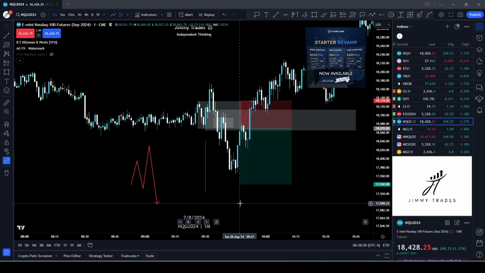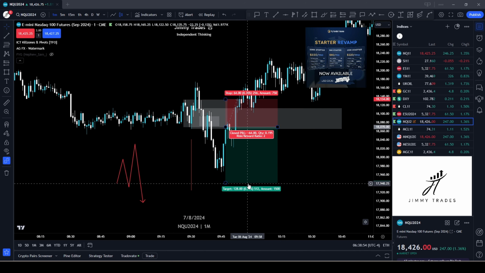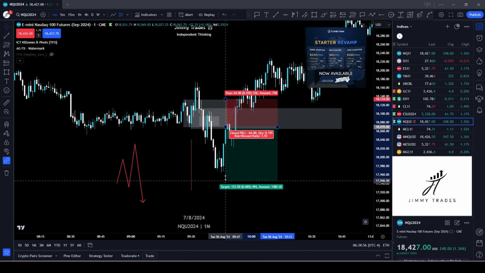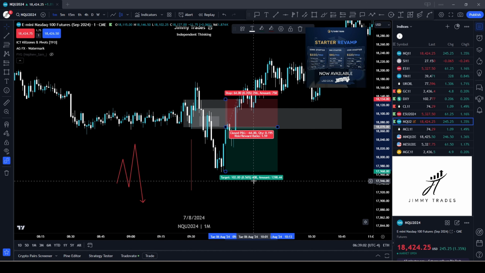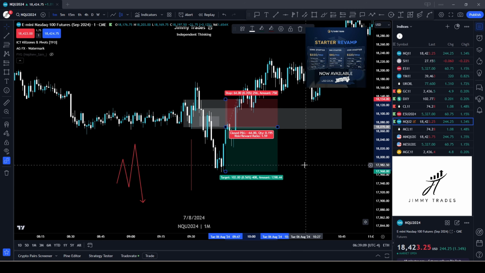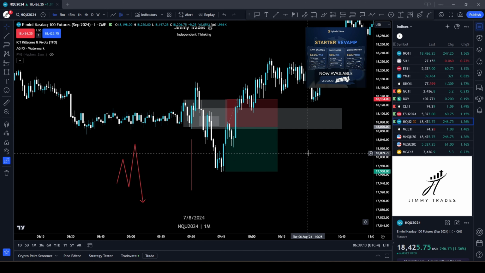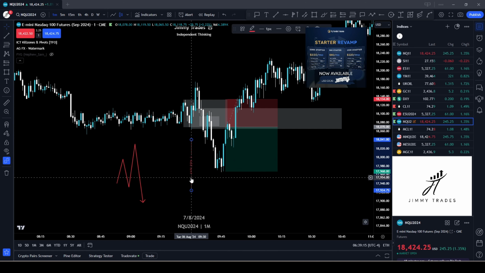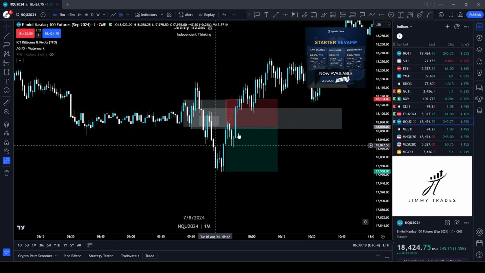Be an independent thinker and take your profits when they are given to you. At 1.6 here, you're looking at 100 points or 408 ticks. If you were on 1 mini, that's a damn good trade. You take your profit and you go and call it a day.